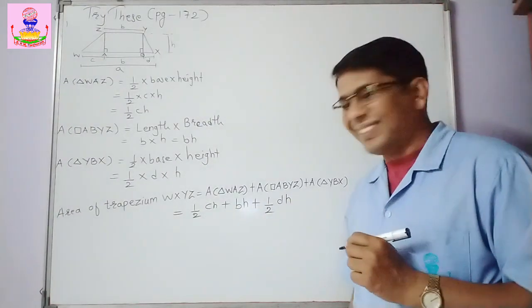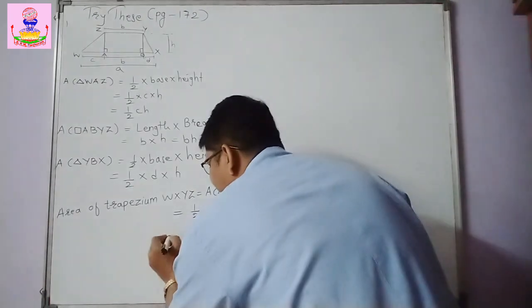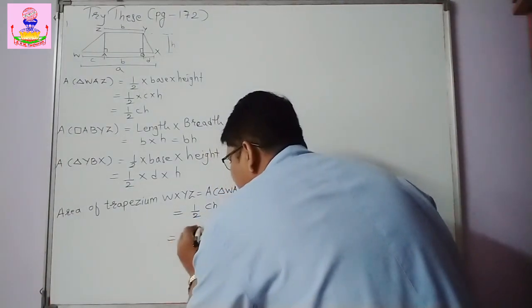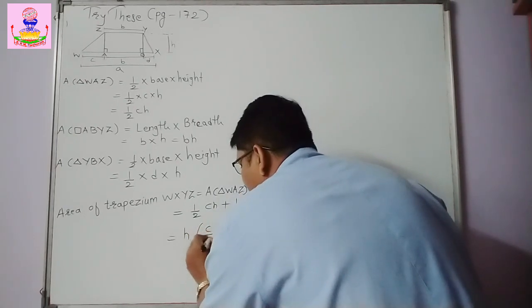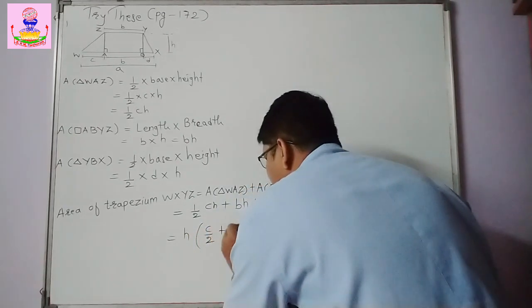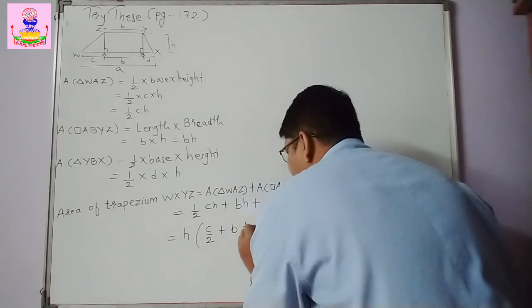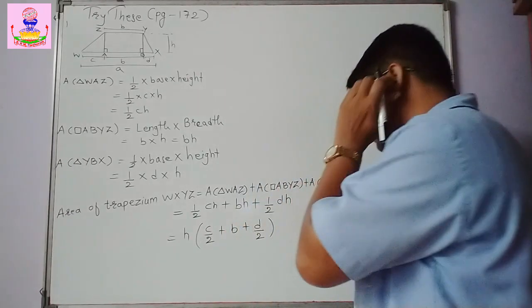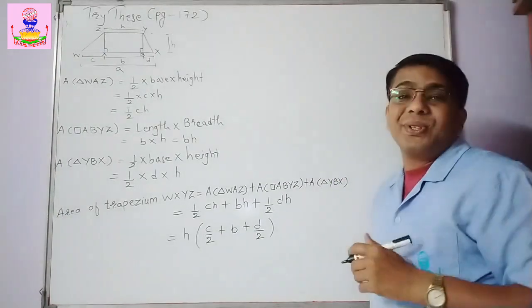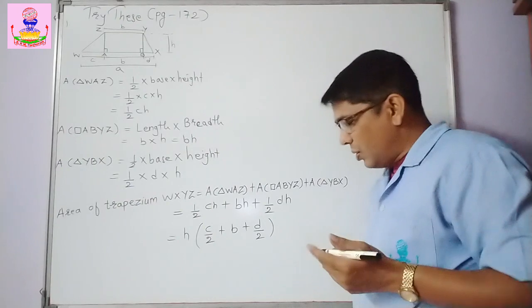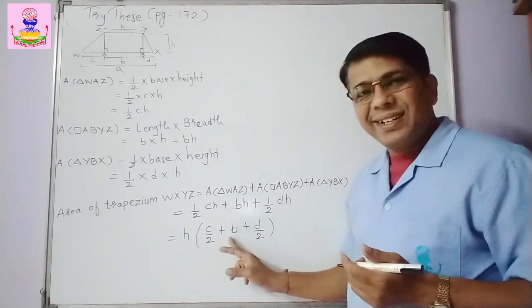Now what is common here? Common is h. So what you will do, take out common h. Left is c upon 2 plus b plus d upon 2. Now denominators are not same, so you need to equalize them. So multiply and divide by 2.